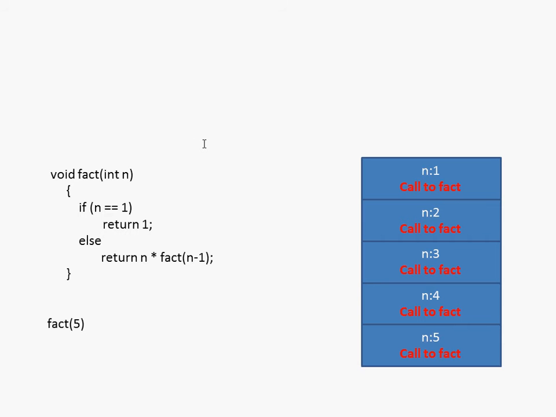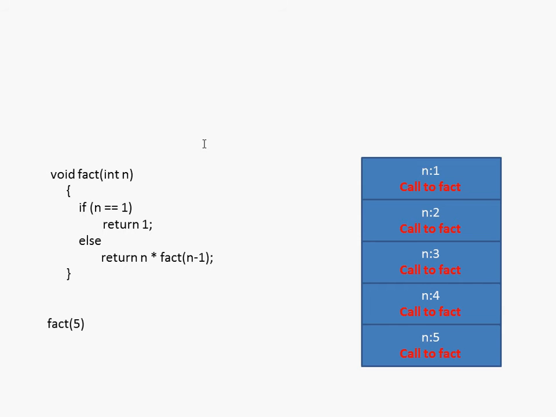It's important that each of these be created because fact is calling itself. You don't want a later call to stomp on what's been done in an earlier call. So this guy has n equals 5. He has to remember that n is 5 here. So when he calls fact of 4 and gets back that number, he can multiply by it.